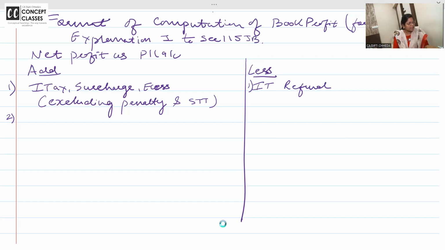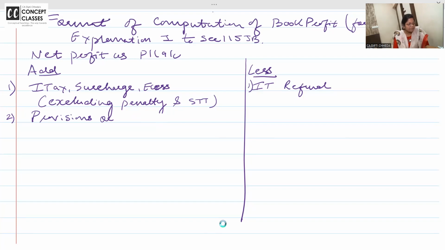Okay? Right. Now, if any provisions or other, जो ट्रांसफर टू रिजर्व अलग से लिखेंगे. प्रोविजंस अगर कुछ है तो एड बैक करो.